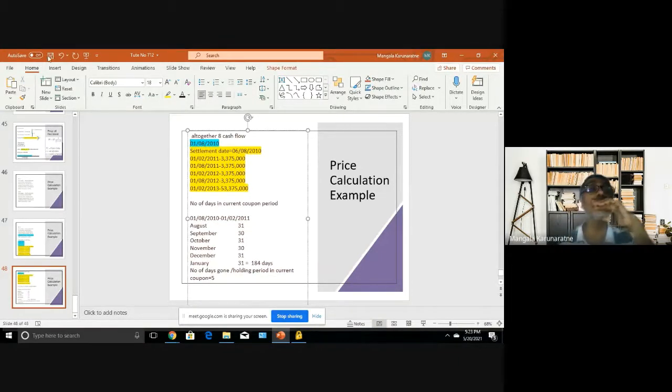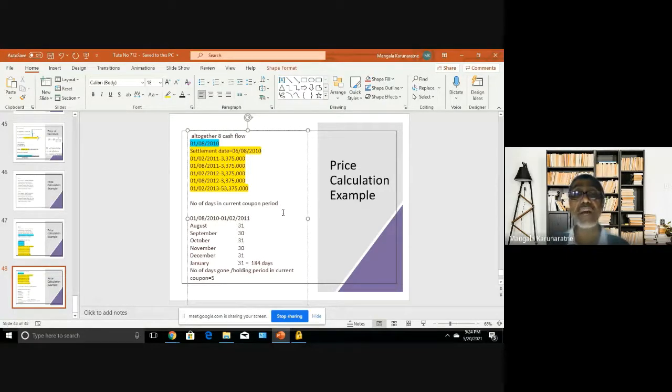So now we can easily calculate the N. I will give you 5 minutes. Everyone try to calculate this and let me know the N. N is the N for the broken period.